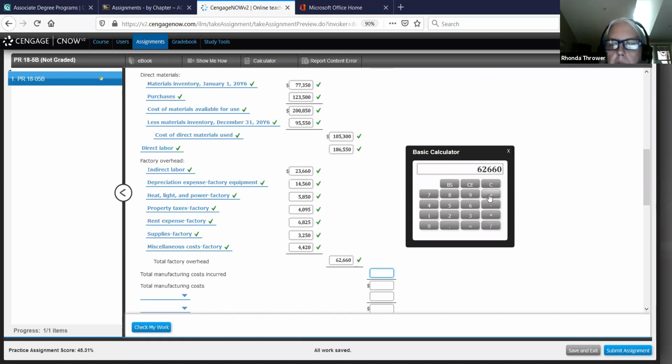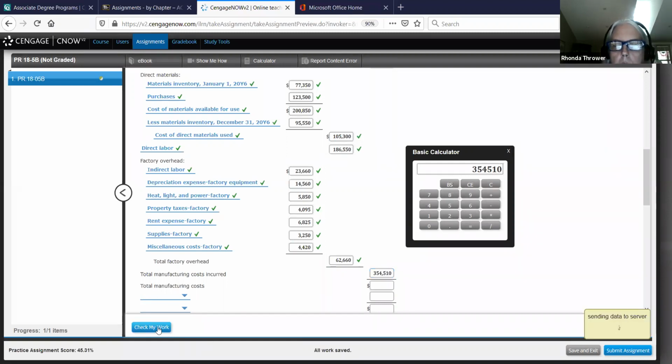So I'm going to combine my factory overhead, which I already had in my calculator, with my direct labor and my direct materials used. And if I got everything totaled right, it's 354,510.